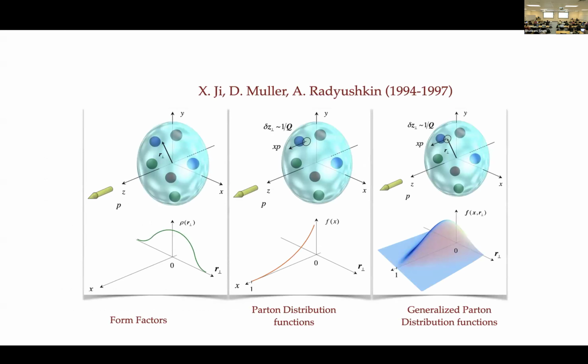And here is a schematic of what I alluded to in the previous lectures. We have various ways of probing the structure of the hadron. If you do elastic form factors, electromagnetic current interaction, as we talked before, you can obtain information about the charge distribution, for example, inside the proton.